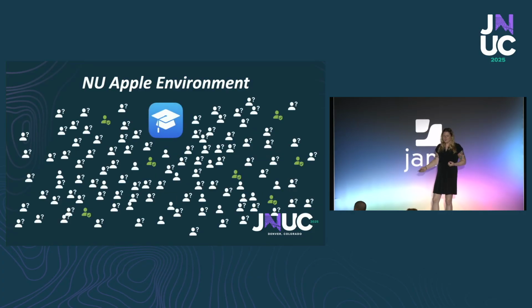So our Apple environment gets a little silly sometimes. We have a lot of cooks in the kitchen, as I said. We have varying amounts of Apple expertise in our organization. Some folks rarely require any assistance with their deployments. Others, they deploy one Mac a year, and every time they have to go back and do it again, it's confusing to have to go and assign to a PreStage, assign to an Apple School Manager site, all of that.